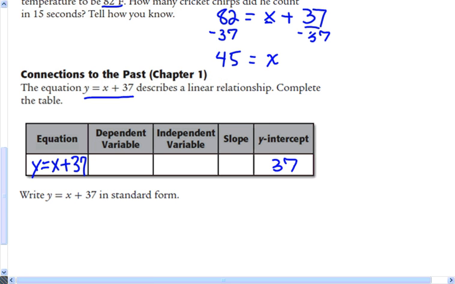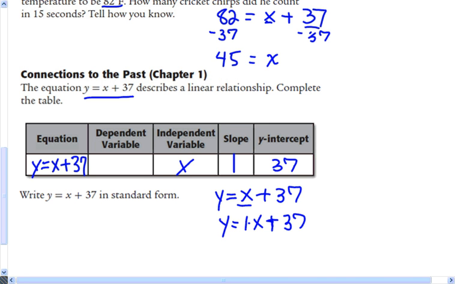If an equation is written like this, y equals x plus 37, it's hard to tell what's multiplied by x, but if you remember, multiplying 1 times a number is the same as the number. So we can think of the slope as 1. The independent variable is always x, and the dependent variable is y.